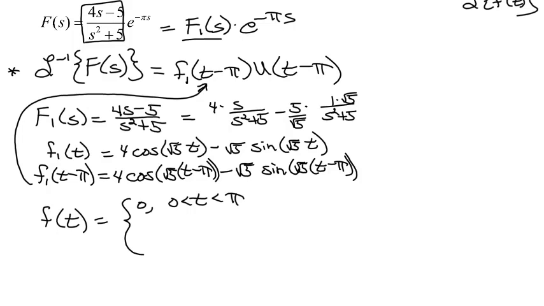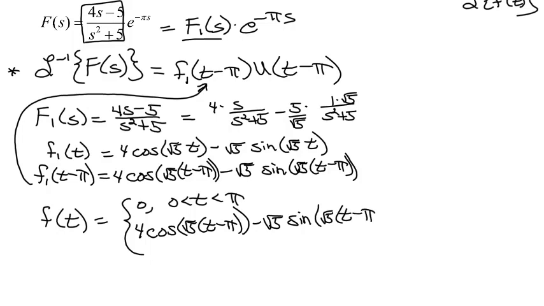And in our case, it's all the stuff that we just had for cosine of square root of 5 times t minus pi minus square root of 5 times the sine of square root of 5 times t minus pi. And that's for all the t's that are greater than pi.